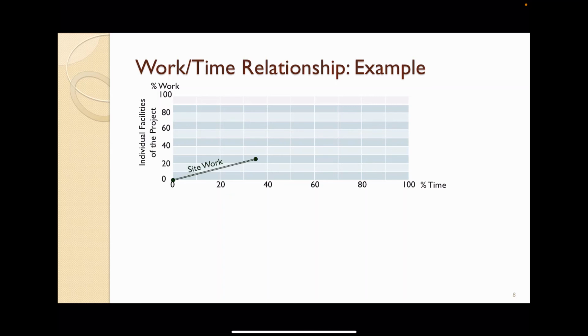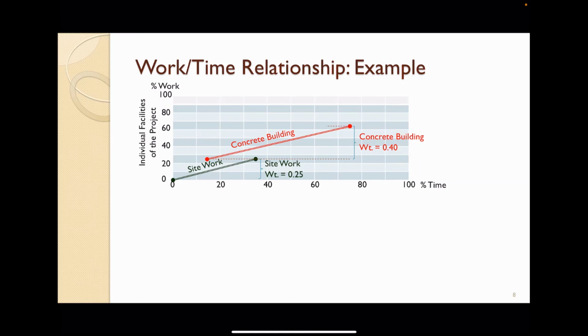Then for the site work, we have the time between 0 to 35% and an effort of 25%. And then we draw the concrete building on top of the site work, with a weighting multiplier of 25%. We can determine the concrete building for the time from 15% to 75%, and the effort is totally 40%, so the magnitude of effort compared to the overall project is 40% or 0.4.